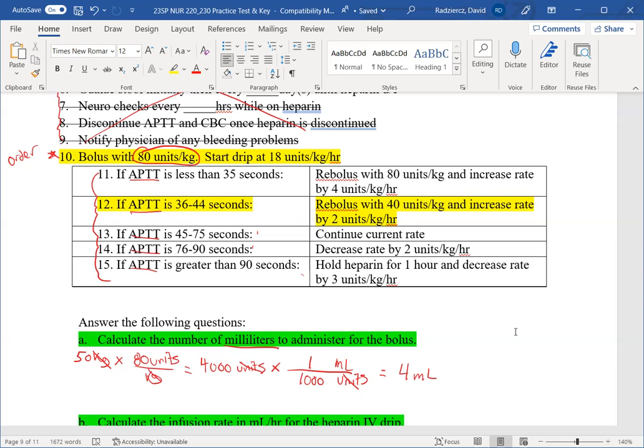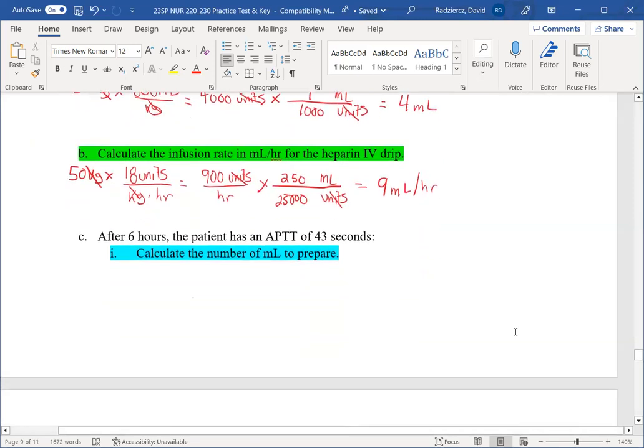So it says to rebolus with 40 units per kilogram, and then to increase the rate by 2 units per kilogram per hour. So going here, it says calculate the number of milliliters to prepare, meaning for the new bolus, what are we going to prepare? Same patient, right? They still weigh 50 kilograms. That has not changed.